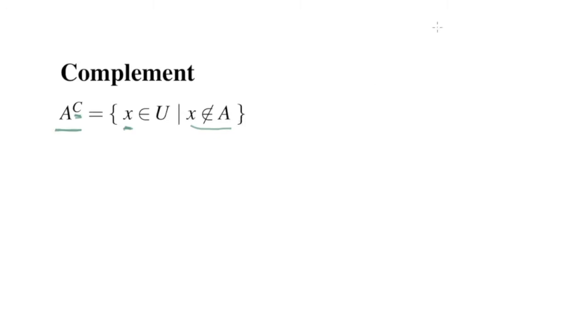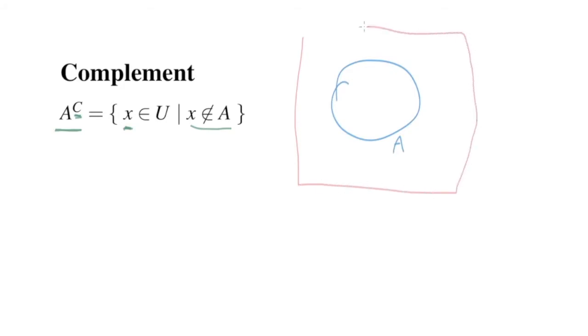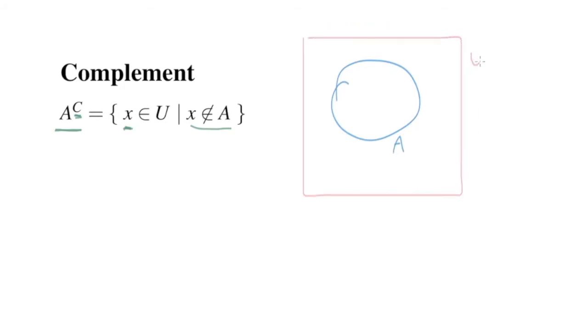So let's look at an example. Say I have a set A, and it's in our universe U. So this is our universe U, and the set A is inside U. Well, what would be the complement of A?